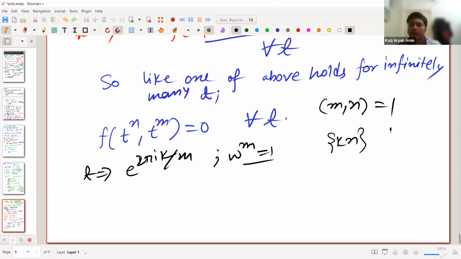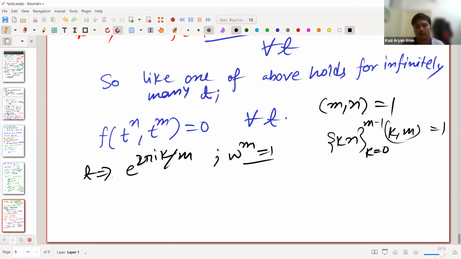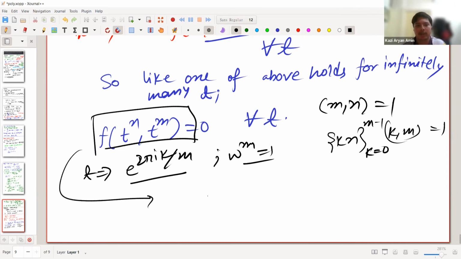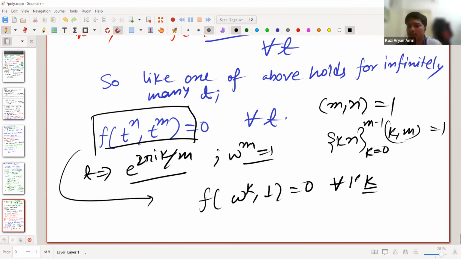So when you look at the set kn, where k runs from 0 to m minus 1, you are going to get all the roots of unity. So when you substitute omega into the relation, which is a very powerful relation, you basically get f of omega to the k comma 1 equals 0 for all k, because of the residue thingy here.